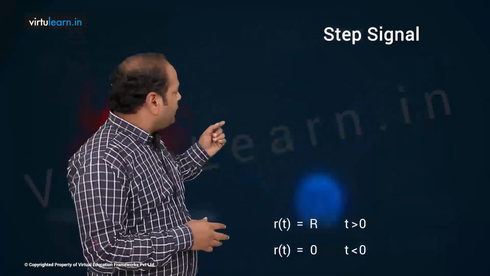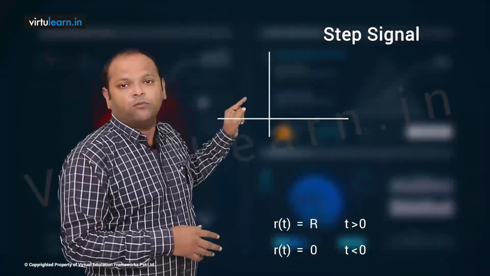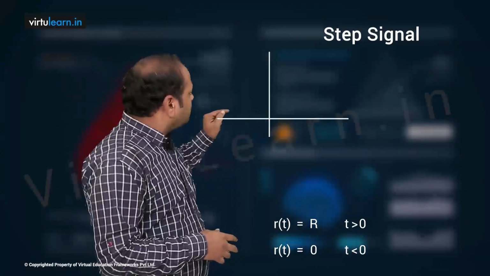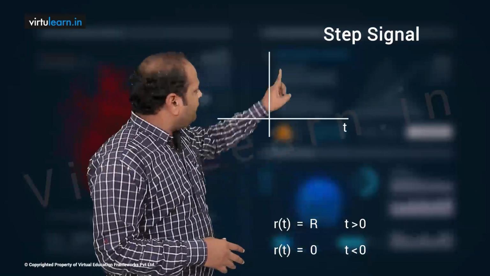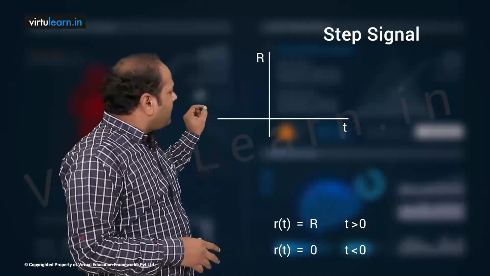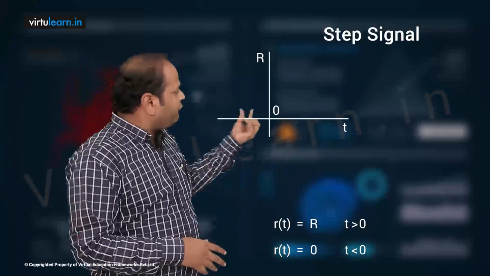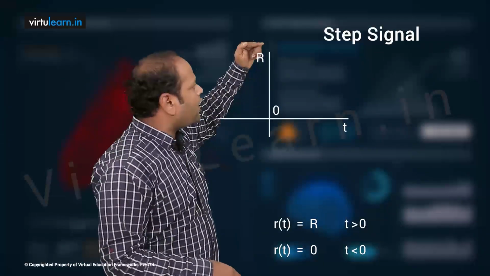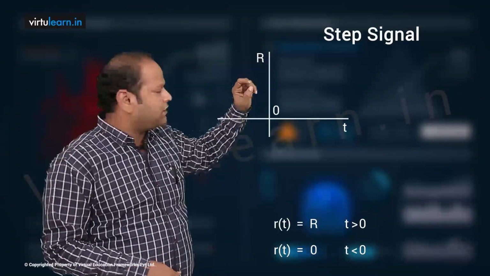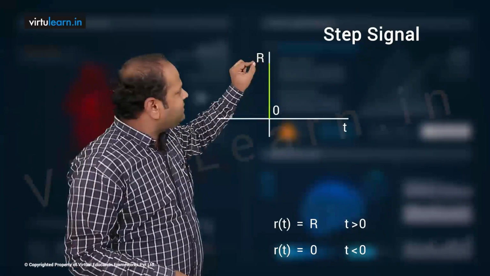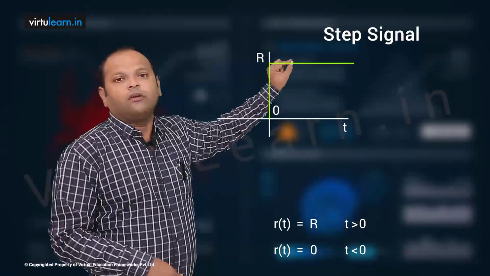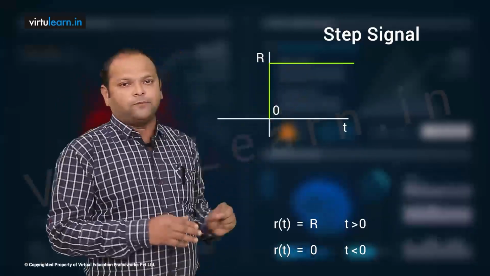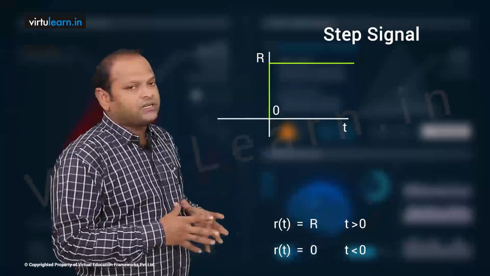If you look at the waveform, this is the time axis and we have this R of t. Till this point we have 0 only. At this point we have the value 0 as well as R, where R is the step magnitude. It suddenly increases and stays there for a long time. So this is what the step signal is.